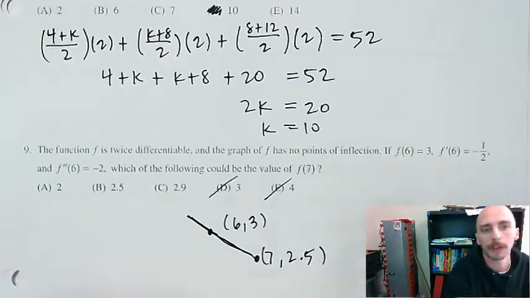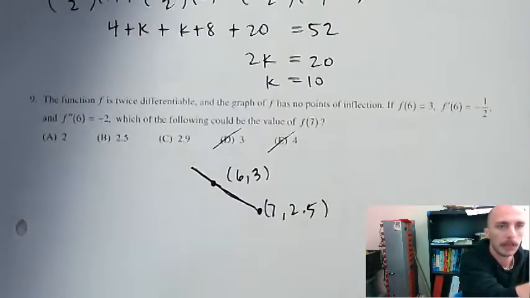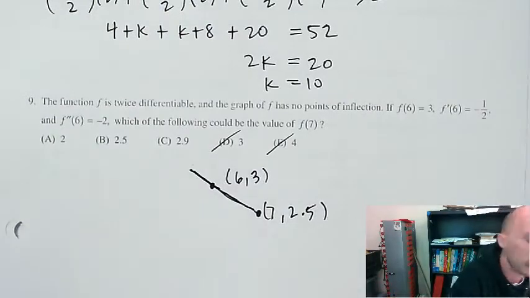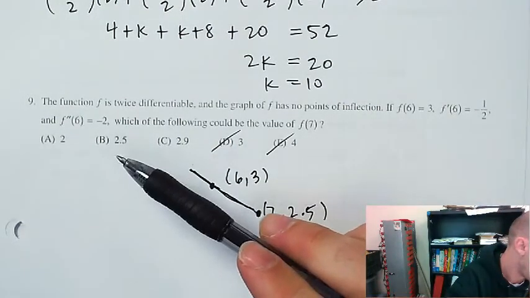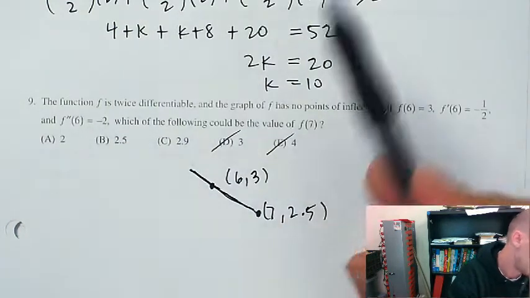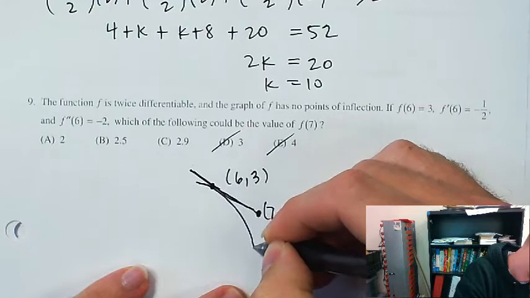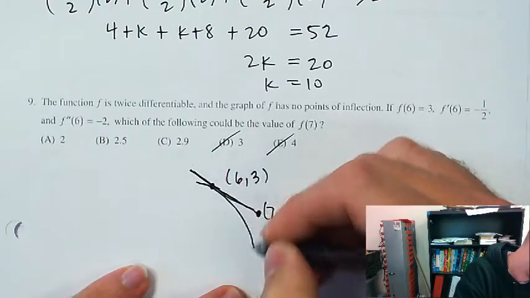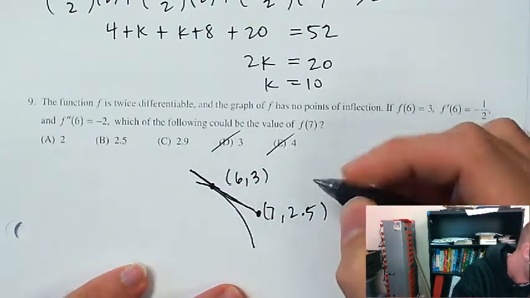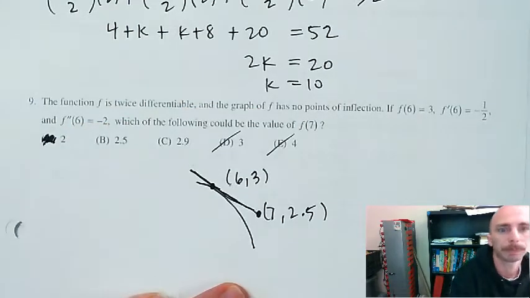Because if the slope was -0.5, we would expect when we bumped up x by 1, y would go down by 0.5. Okay? But I also know that I don't have a straight line here. I've got a curve that is decreasing and concave down. Okay, so since it's concave down, it has got to be below this tangent line, basically. And that's the reason this is the only one it could be.